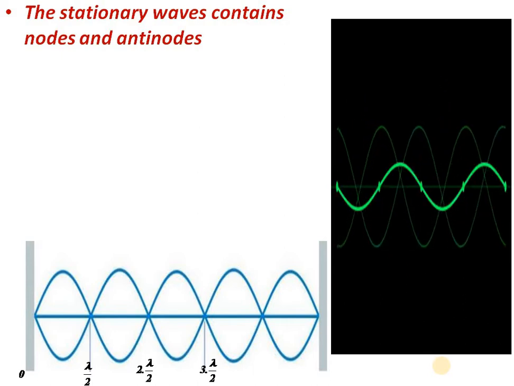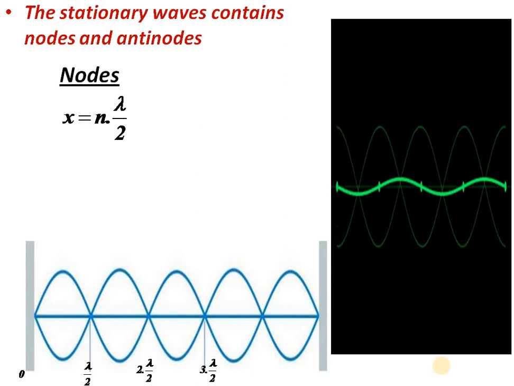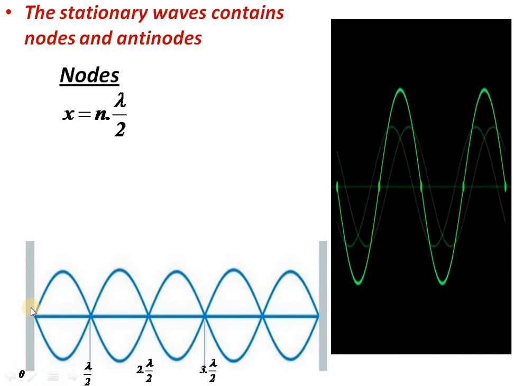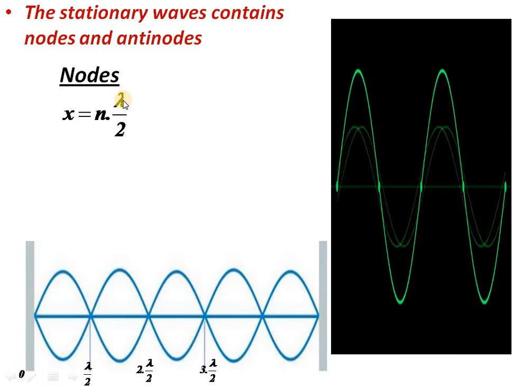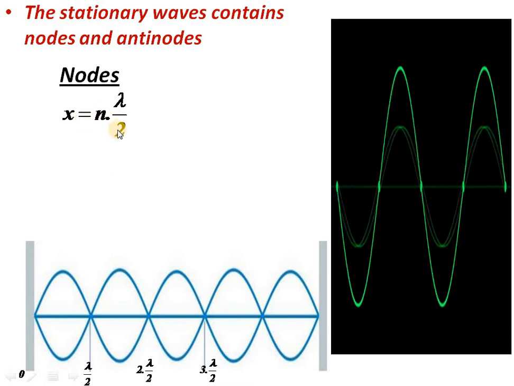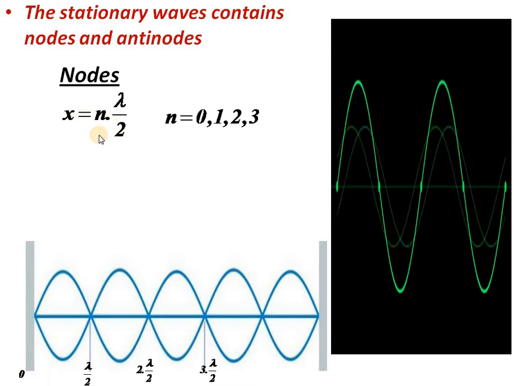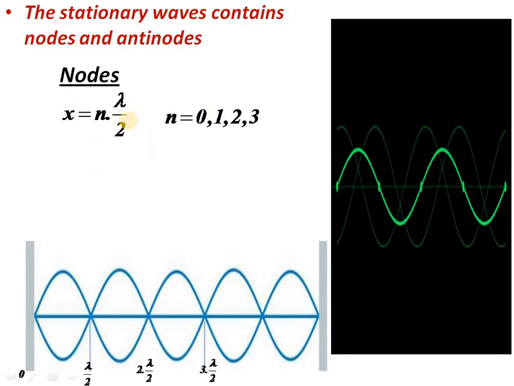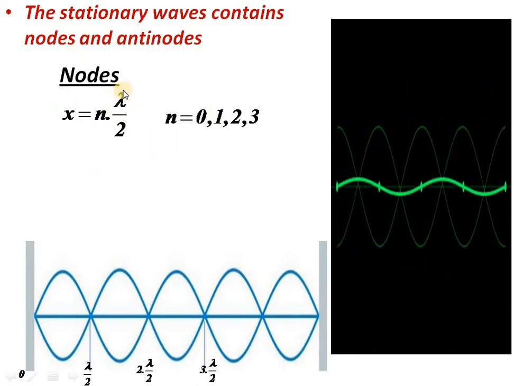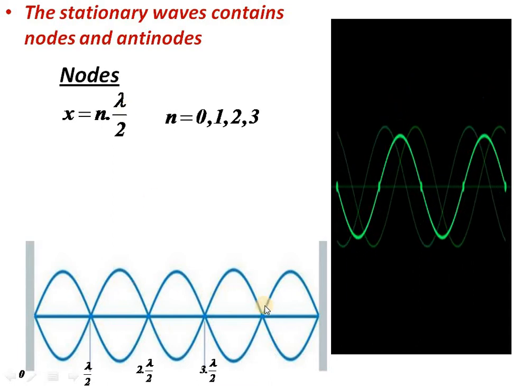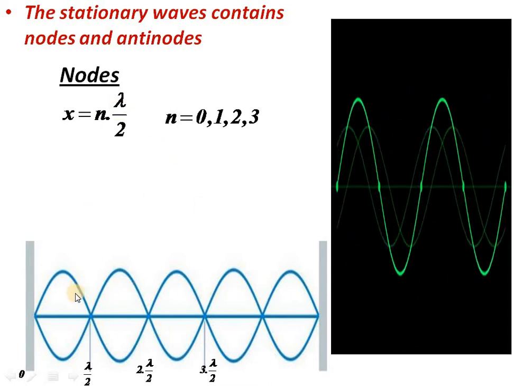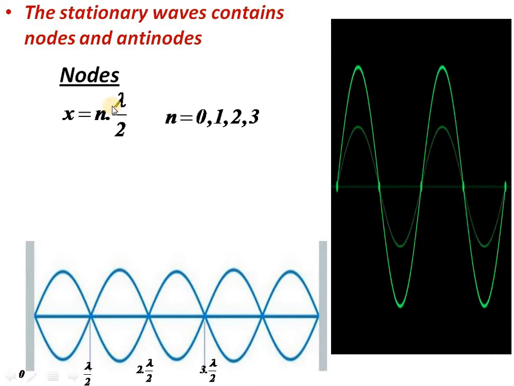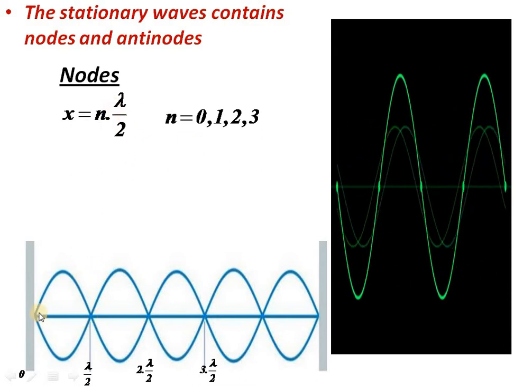We had the condition for nodes first. I hope you remember it. Whenever the position along the x-axis satisfies n into lambda by 2, those points will act as points of nodes. What does it mean? It means that if the wavelength of the propagating wave is lambda, then all the points having integral multiples of lambda by 2 will be points of nodes.